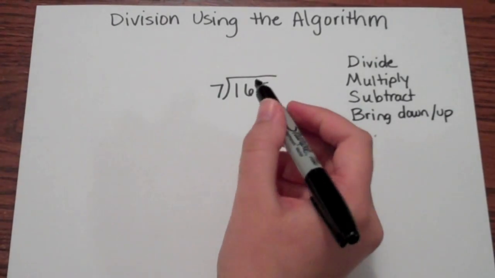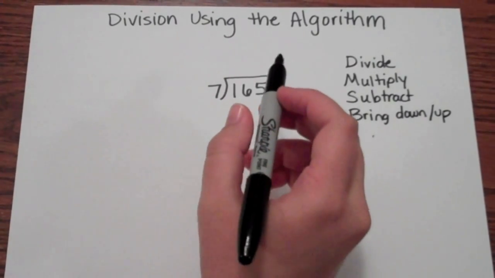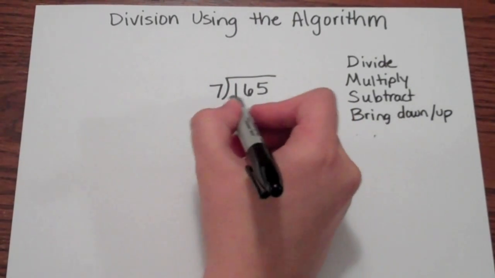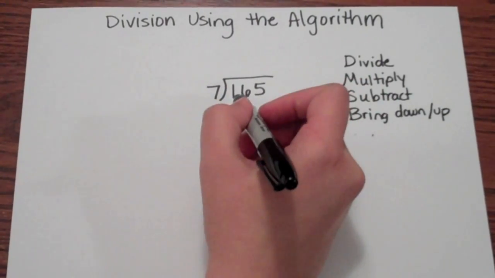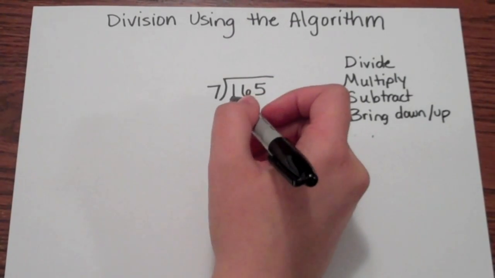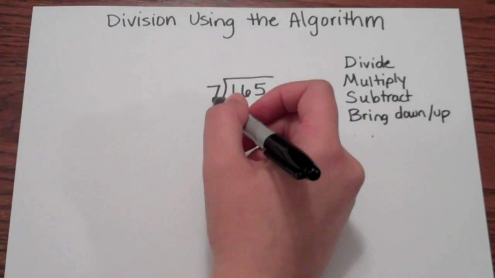Remember, when I'm doing long division with the algorithm, I always start in the largest place value. So here we go. Largest place value, I first divide. 1 divided by 7. How many times can I take 7 out of 1? I can't. 1 is less than 7.